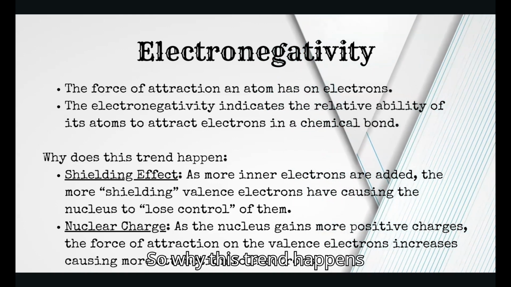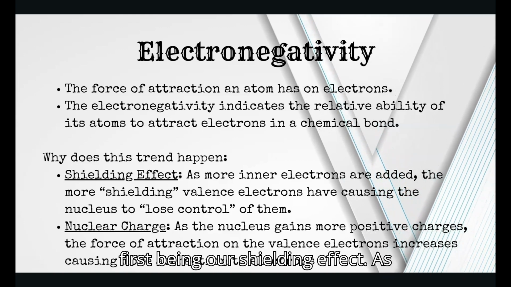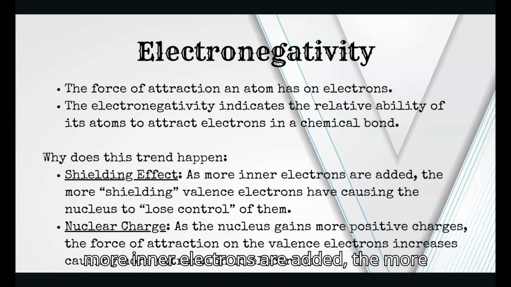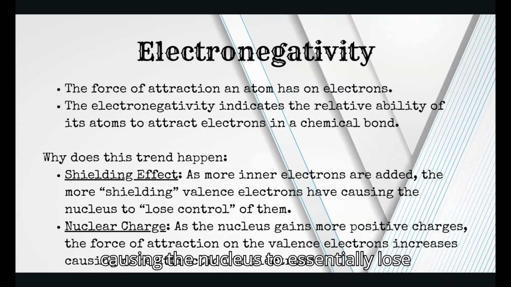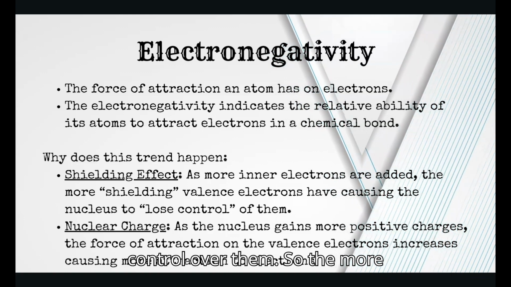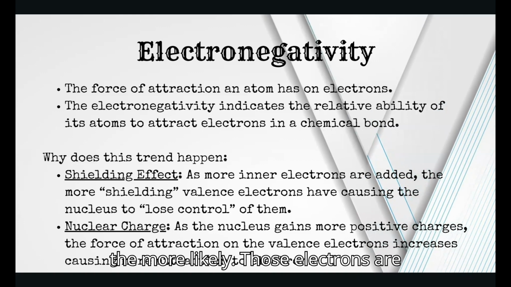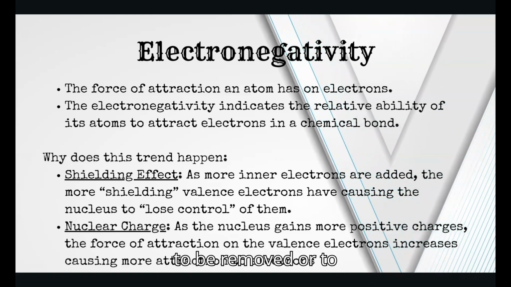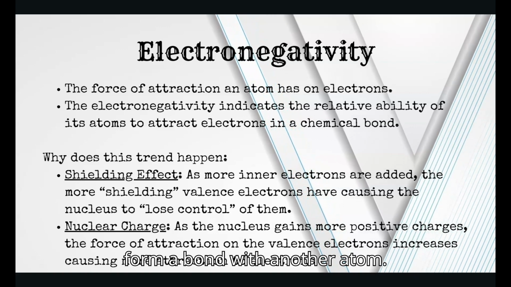So why this trend happens, first being our shielding effect. As more inner electrons are added, the more shielding the valence electrons have, causing the nucleus to essentially lose control over them. So the more electrons we have, the more chaotic it is, the more likely those electrons are to be removed or to form a bond with another atom.